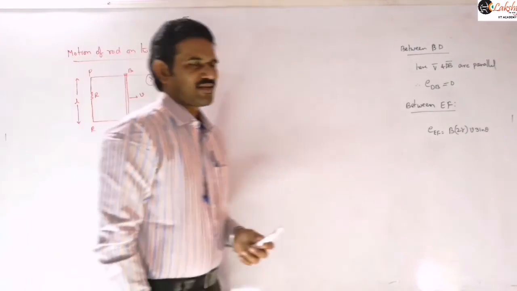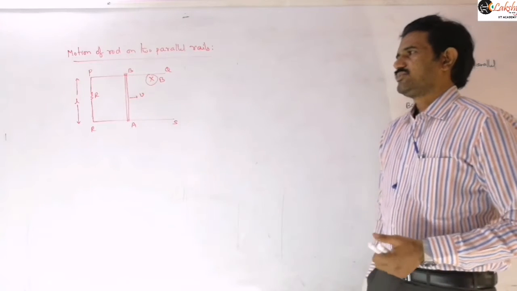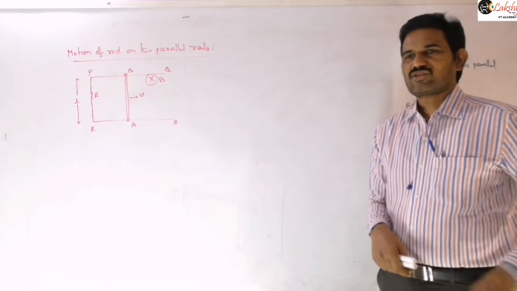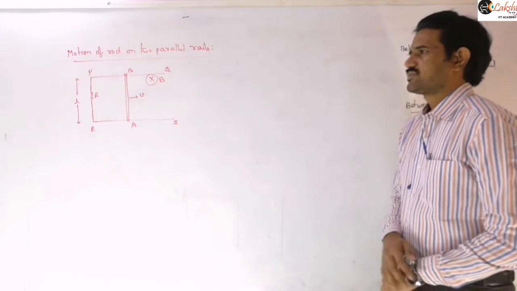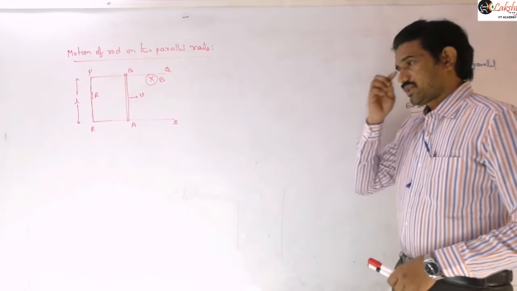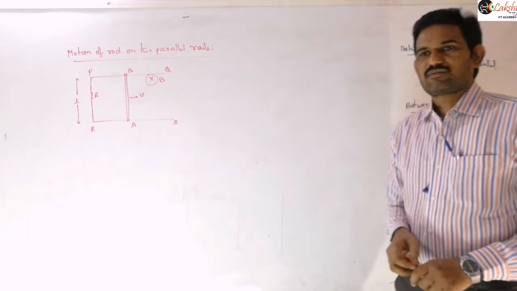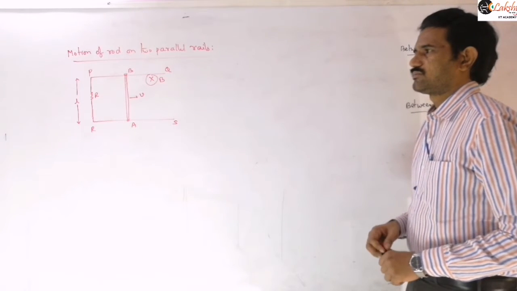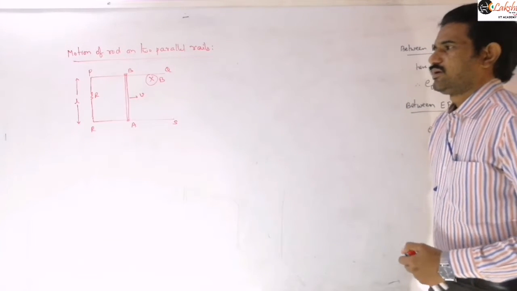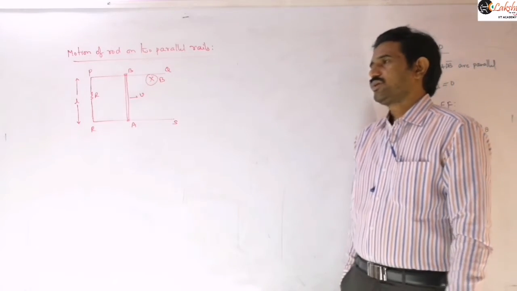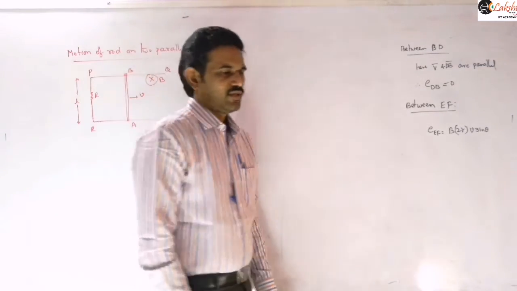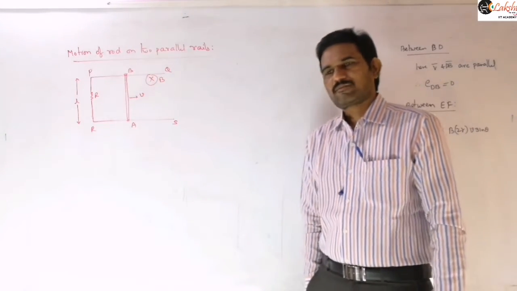So just to mention that two long parallel rails are placed on a horizontal surface at separation L. These two are connected by a resistance R. A rod AB of length L is placed on the rails and is moving towards right.